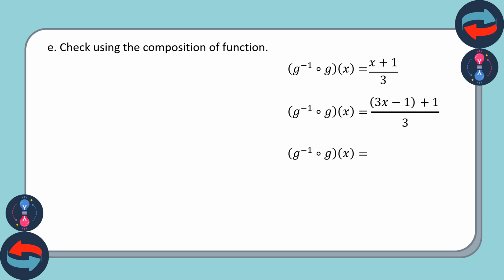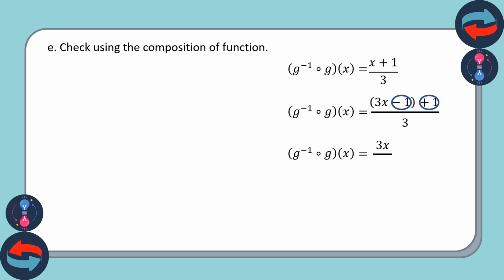We are going to simplify first our numerator. As you can see, we can combine negative 1 and positive 1, which is equal to 0. So the remaining term in our numerator is 3x.